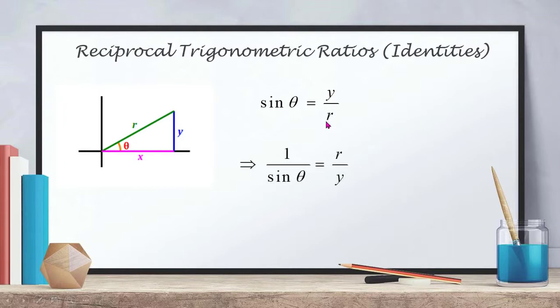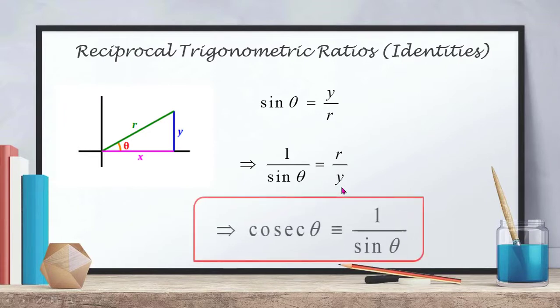If we reciprocate sine, which means we write it as 1 over sine theta, we are also going to reciprocate y over r, which means the r will go up and the y will be the denominator.